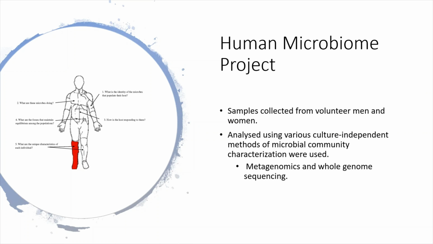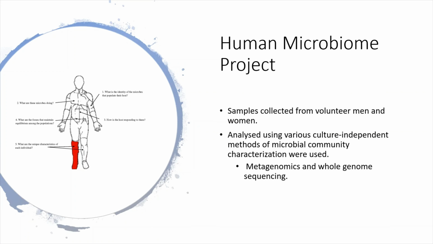So they drew upon metagenomics, which is a method that provides a broad genetic perspective on a single microbial community, where the genetic material, or metagenome, from environmental samples can be sequenced and studied. And they also used whole genome sequencing. And this is really focusing on the different microbial niches in relation to the human body.